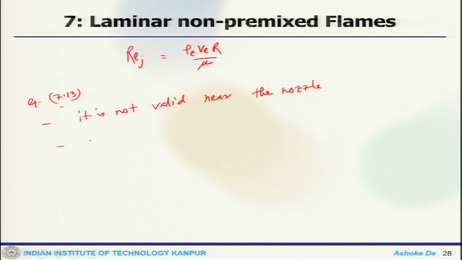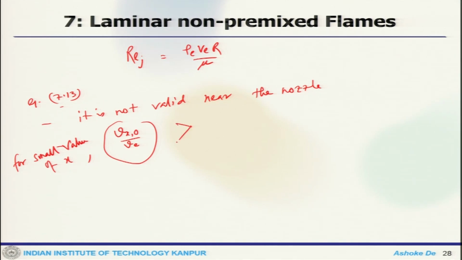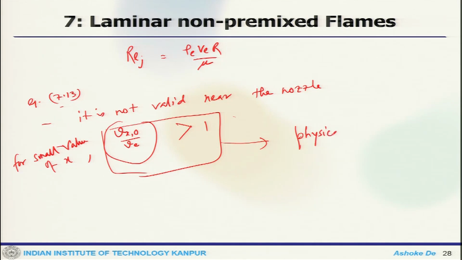Because at small values of x, the dimensionless center line velocity becomes greater than 1, and this is a condition which is not possible, or rather one can say it is a physically impossible scenario. So, this cannot happen.